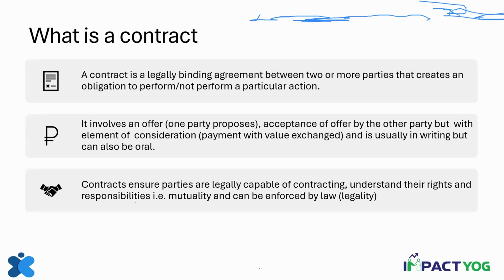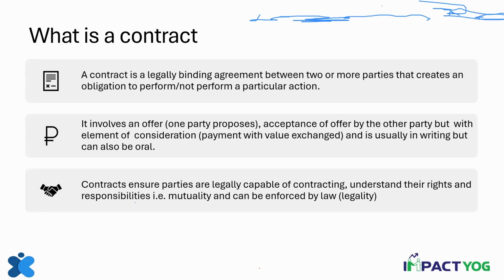What is that offer? It is a proposal. It is a promise. Okay. It is not a promise. It's an offer that I will give you this. Now, based on that offer that person gave against your specification, when you accept it, you are accepting it from the other party.